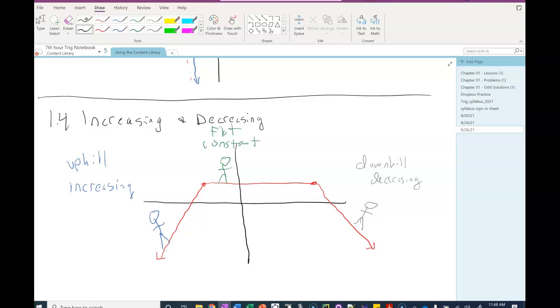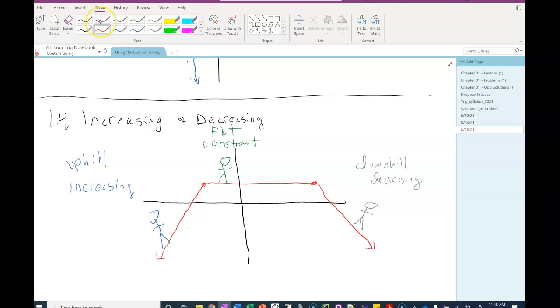Again, the key here: the little person always walks from the left to the right, just like you're reading a book in English. I think there's languages that read the opposite direction. But in math class, we always read a graph from the left to the right. Everybody feels okay with that?